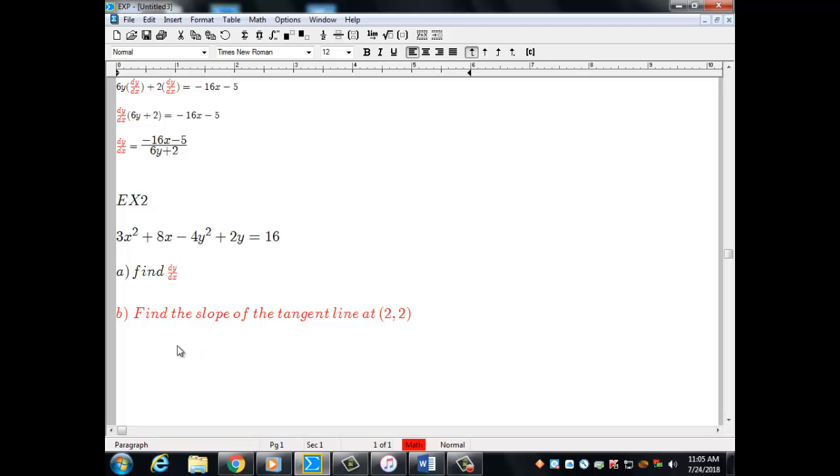So how do you find dy dx? That will use implicit differentiation. This is 6x plus 8. Do we agree? Yes. Minus 8y.